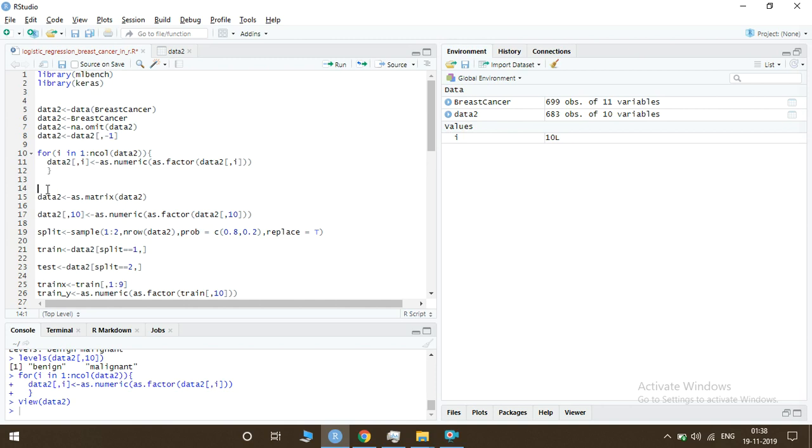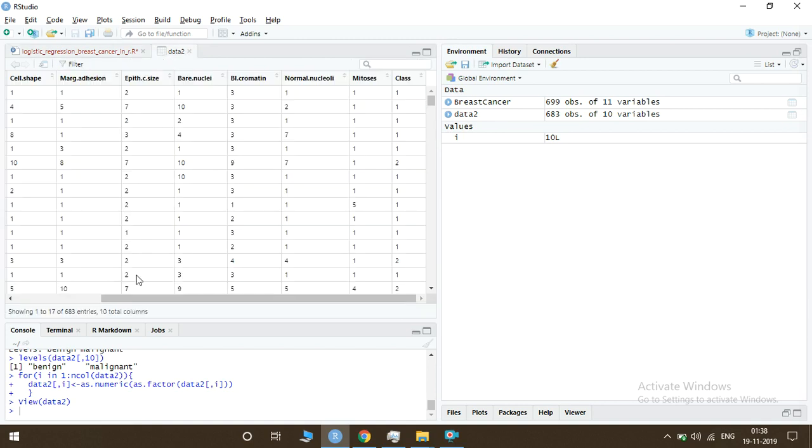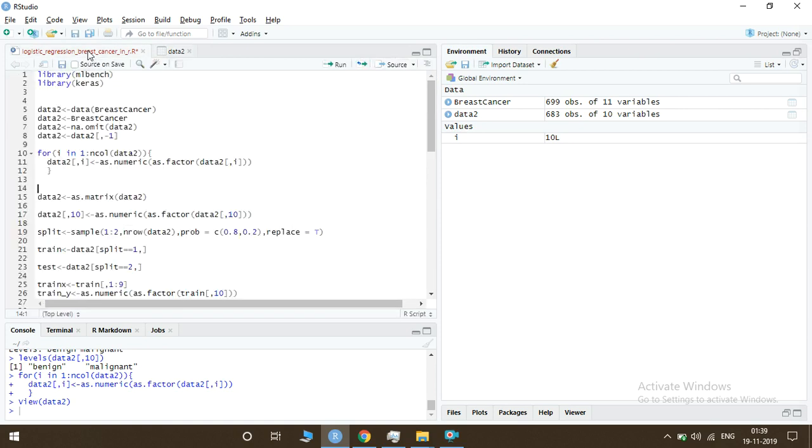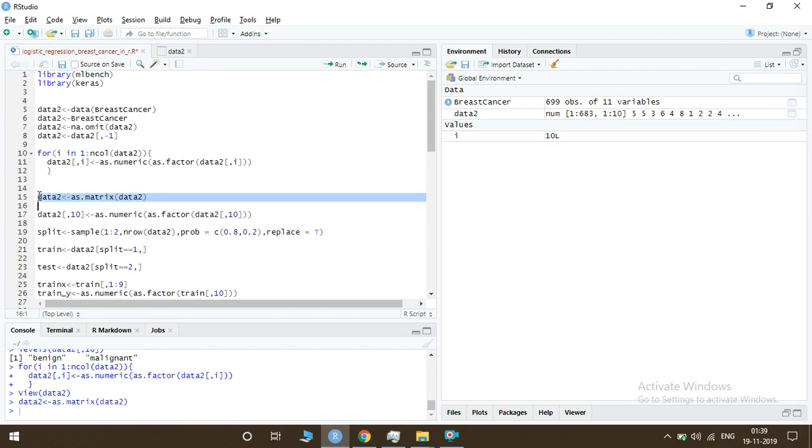Since we have our dataset already converted into the numeric format, it's pretty easy for us to convert it into a matrix format. The command to convert a data frame into a matrix is as.matrix. All right, here we go.